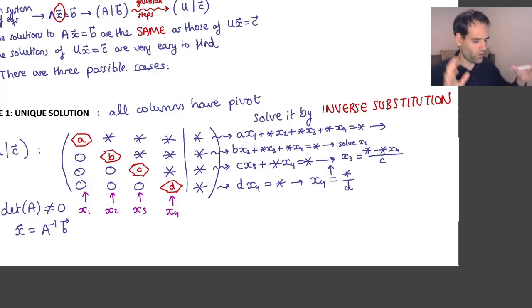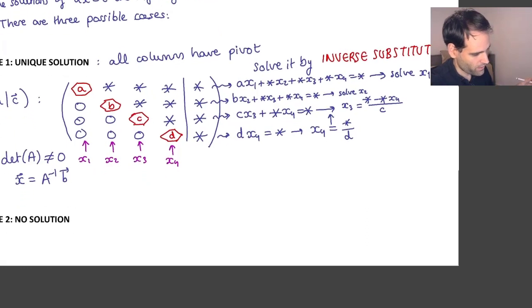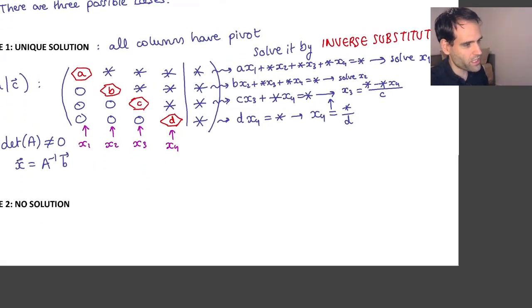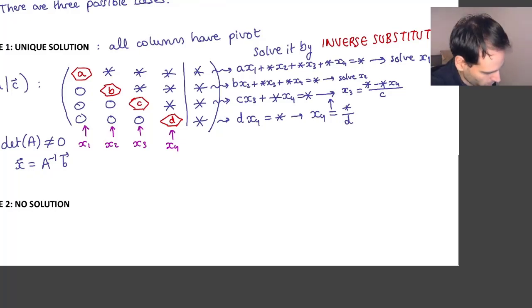So we can move all the numbers times x2, x3, and x4 to one side, because we have solved those. We divide everything by a, and we can find x1. So in this way, we can find the values of the 4 variables. So the summary of this procedure would be: start with the bottom row and work your way upwards.